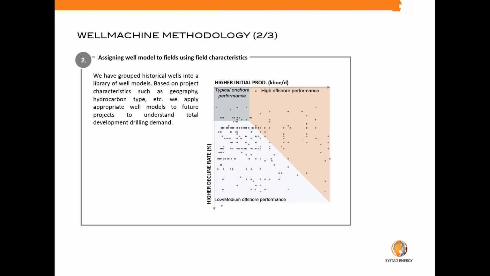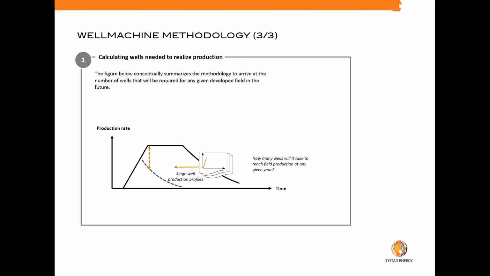So when we have chosen the right well characteristics, we can then add together the different individual well production profiles, and we can sum those single well profiles together in order to arrive at the total production of the field.